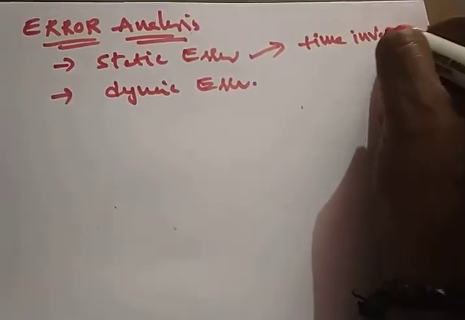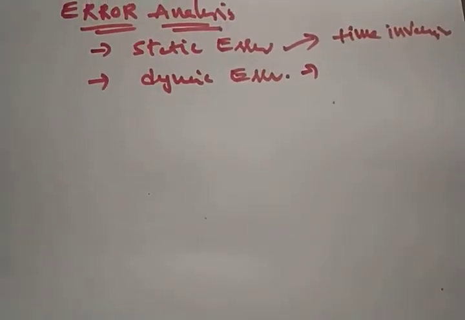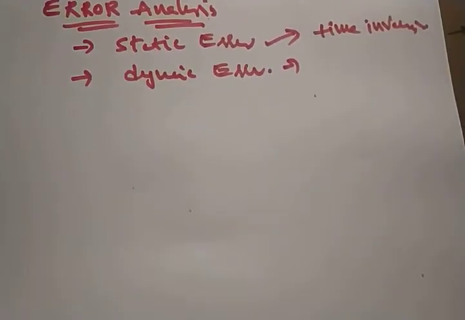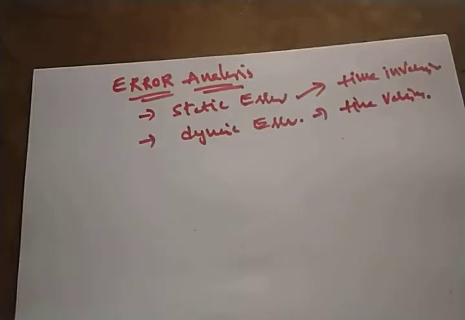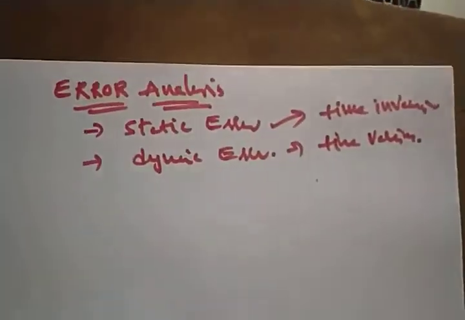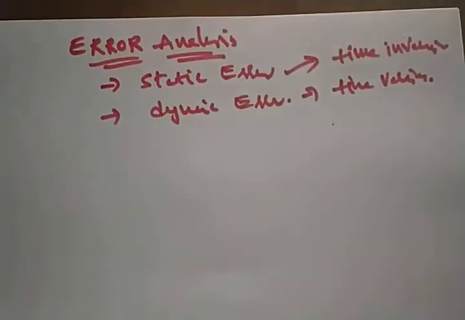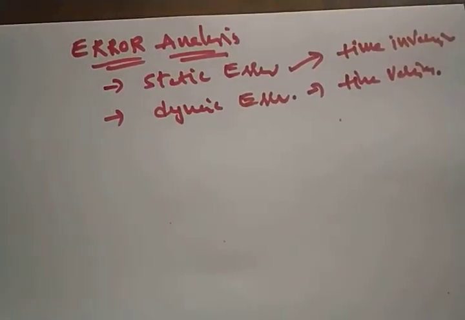What is meant by dynamic error? The error at a time variant condition. We have only static errors in the syllabus. We should explain each and every error briefly with solved examples also.